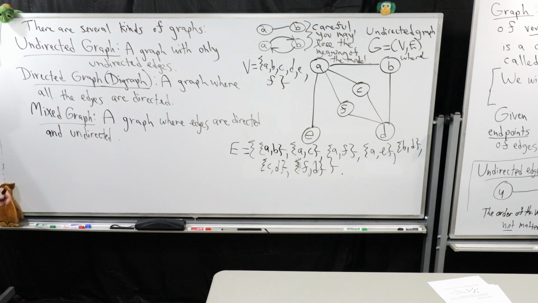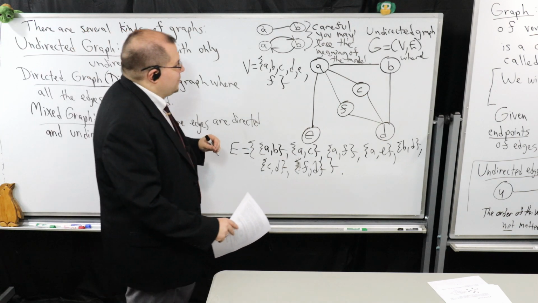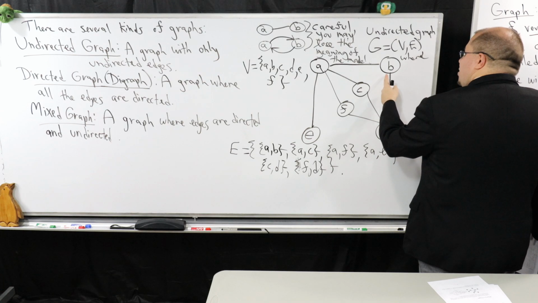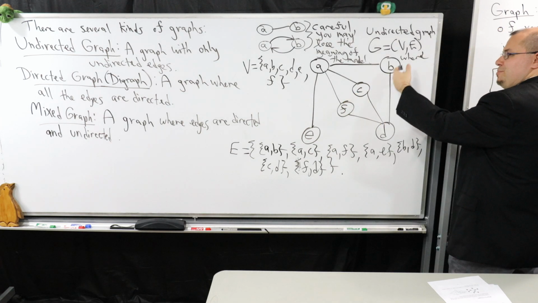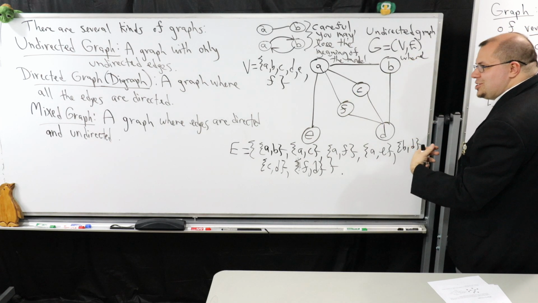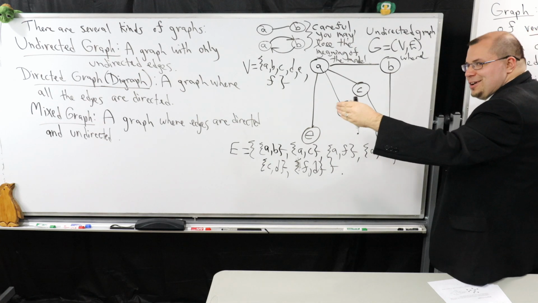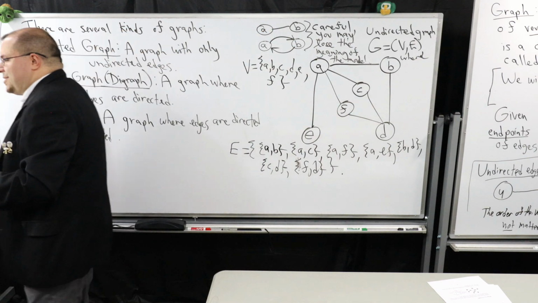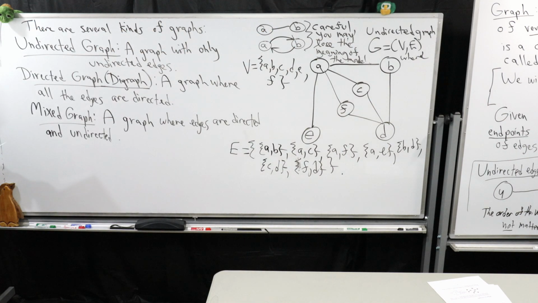But I must stress the other direction isn't true. For example, you could have a directed edge that goes this way. There's no simple way for me to just replace this with an undirected edge. The direction of the logic only goes one direction. I just felt like mentioning that. That's more of a remark than anything.